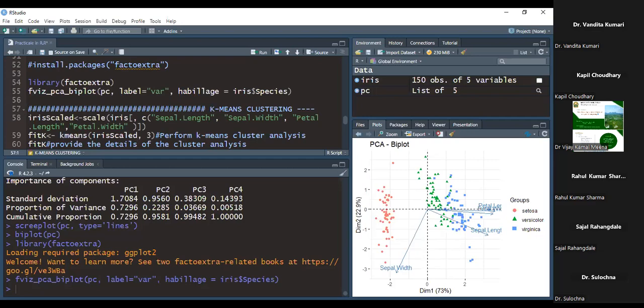See, Dim1 is the first principal component, which, as you can already see from the result of the summary of PCA, is explaining about 73% of the variability, and the second one is explaining about 22.9% of the variability. And we have obtained 3 colors. Setosa is in red, versicolor in green, and virginica in blue. Okay, so this is all about our principal component analysis.